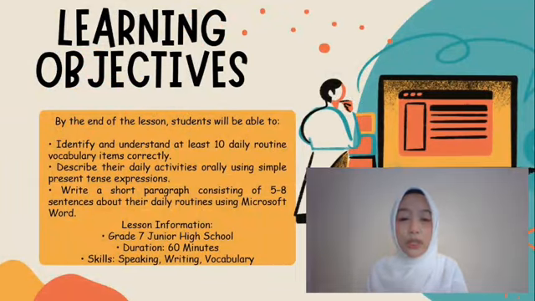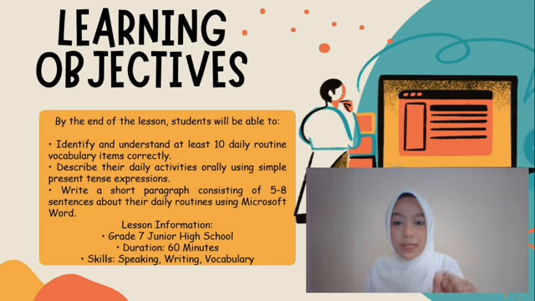So we move on to the learning objectives. In this lesson, students will learn vocabulary related to daily routines and practice using the simple present tense. And there are 3 learning objectives. First, students will be able to identify and understand at least 10 daily routine vocabulary items correctly.